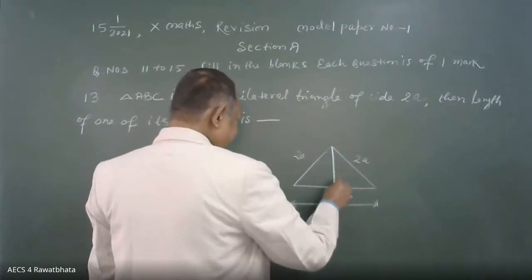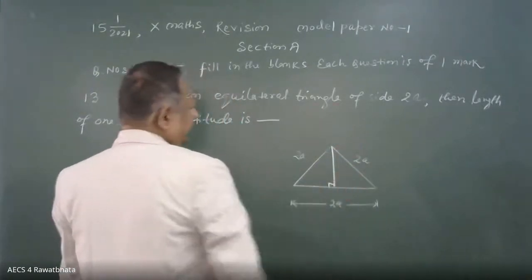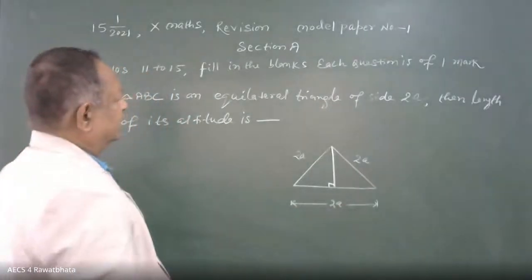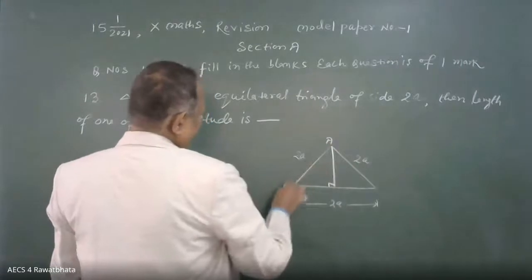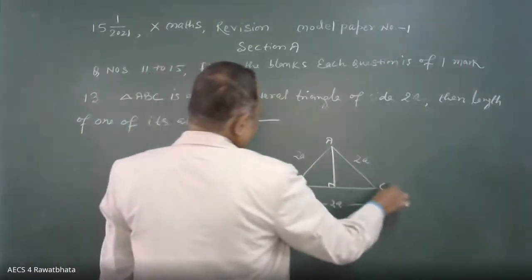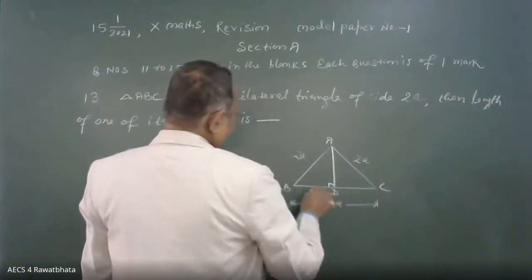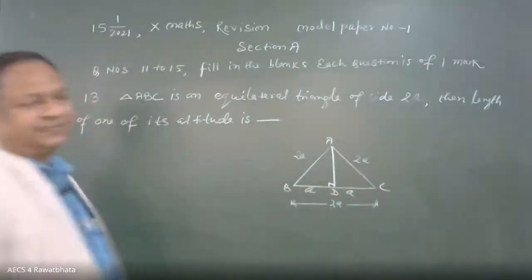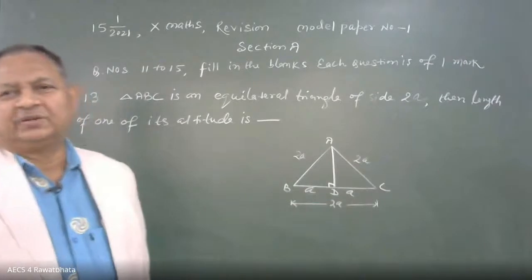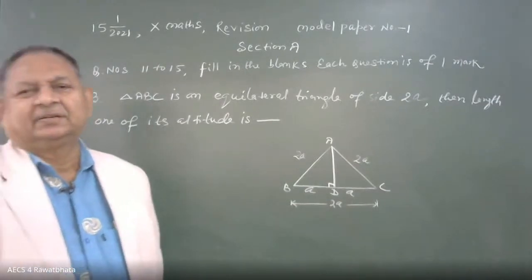Say A, B, C, this is D, this will be a and a. The perpendicular drawn from a vertex to the base of an equilateral triangle bisects the base.